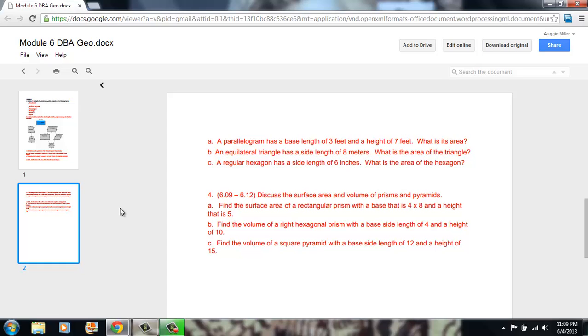So that's the area of one of the 6 equilateral triangles. So we multiply 15.6 by 6. The area of that hexagon, 93.6 inches squared.